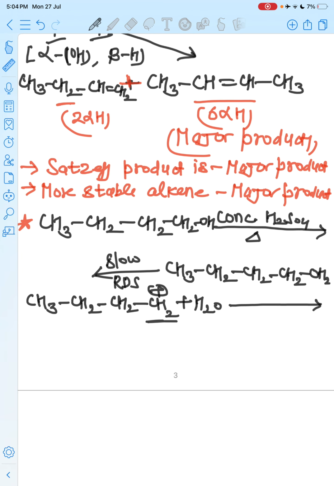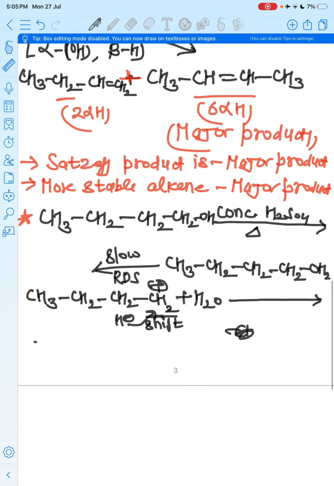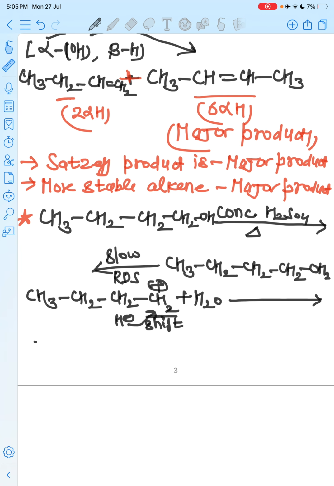You can H minus shift हाइड्राइड की शिफ्टिंग करा के आप इसकी स्टेबिलिटी इंक्रीज करा सकते हैं, because यहाँ पर कार्बोकेटायन के पास 2 अल्फा एच और you can say it is 1 डिग्री कार्बोकेटायन, you can make it 2 डिग्री कार्बोकेटायन.